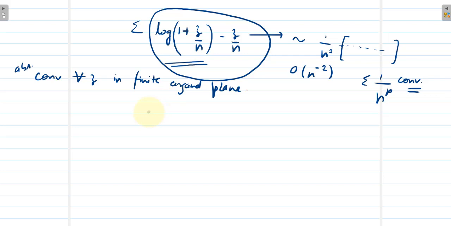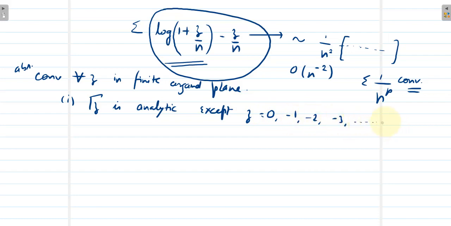Now there are some other very important facts about the gamma function. First, gamma z is analytic except at z equals 0, minus 1, minus 2, minus 3 and so on, and z equals infinity.